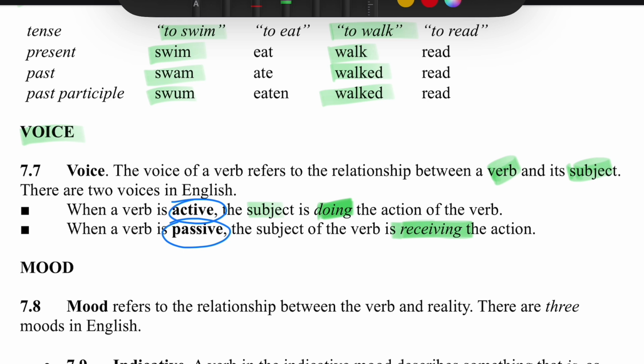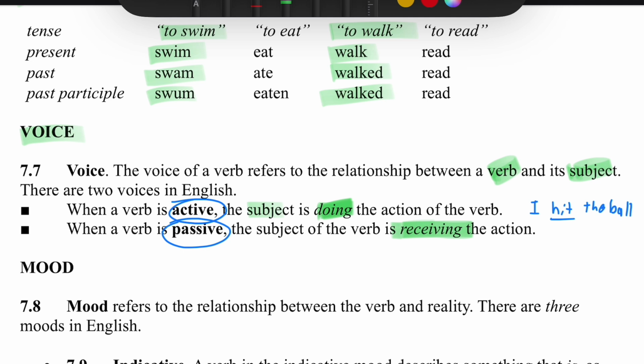So an example of this is, I hit the ball. That would be an active hit.